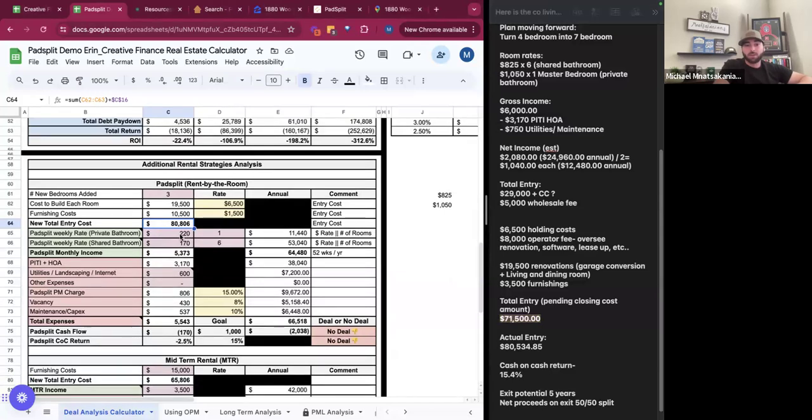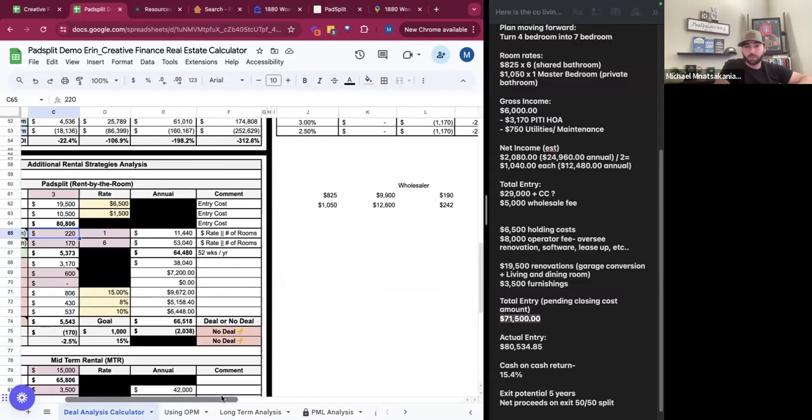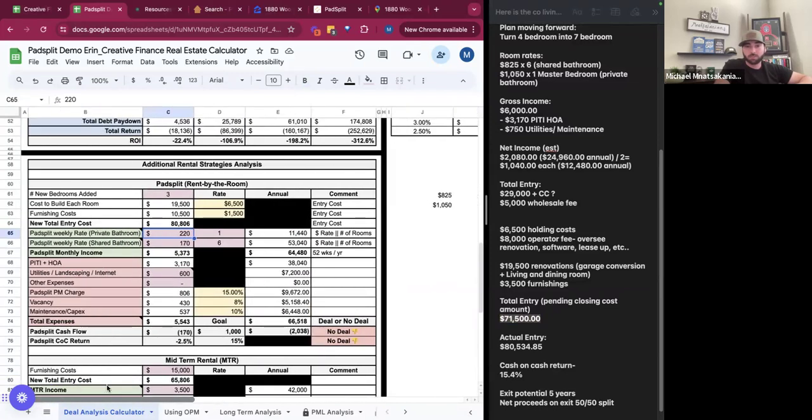So now you add your weekly rates. We already added the number of rooms. We're going to add the weekly rates here, which we said they went with 190 and 242. Oops, I flipped that around. So 242 for the private, 190 for the shared. You need both the number of rooms to equal the number of rooms up above, and then you need to add this information.